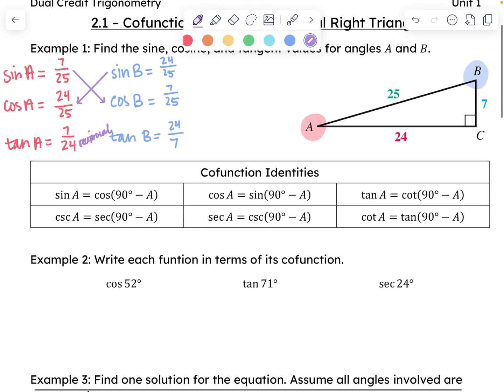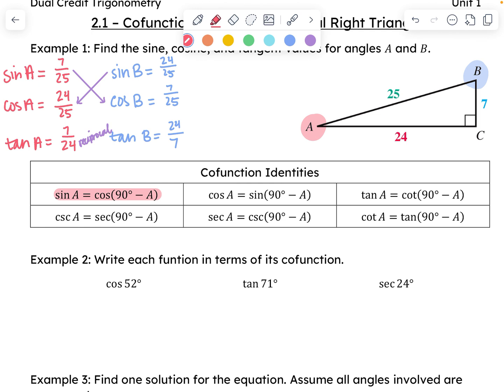The cofunction identity that we're going to start with is sine of A is equal to cosine of 90 degrees minus A. If you look at the triangle from example 1, there is a 90-degree angle for angle C, so it is a right triangle. And remember, all of our angles in a triangle add up to 180 degrees.